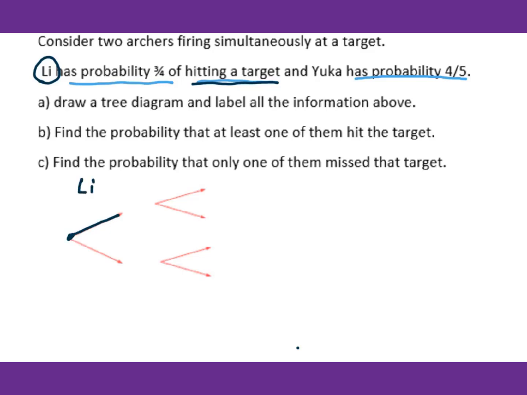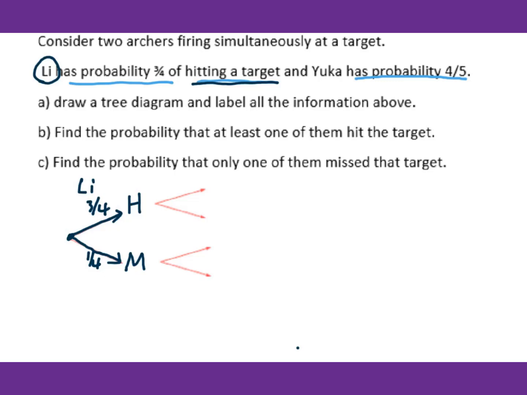Then they have 2 branches, 2 possible results. I will put H for hit, then this for missing. Hit will be 3/4. Missing 1 minus 3/4 will be 1/4.